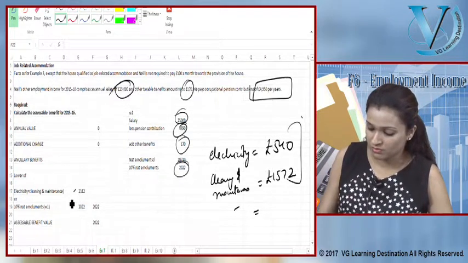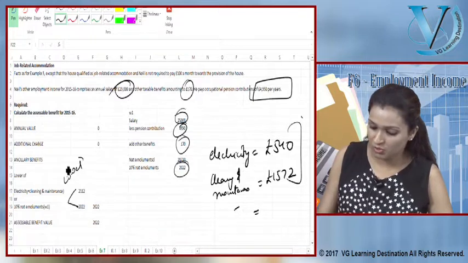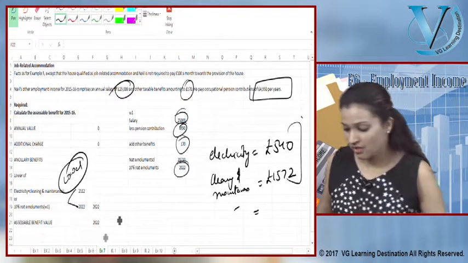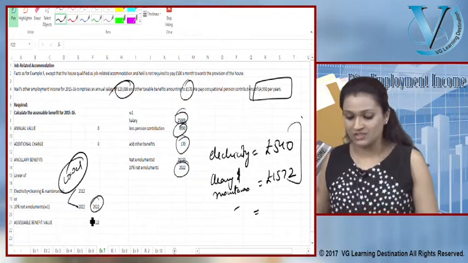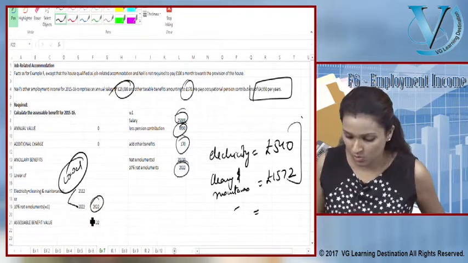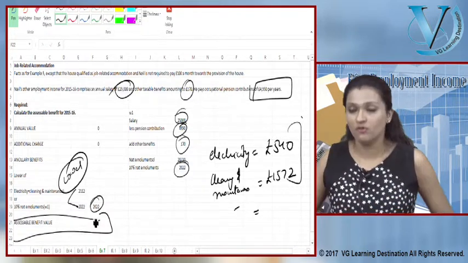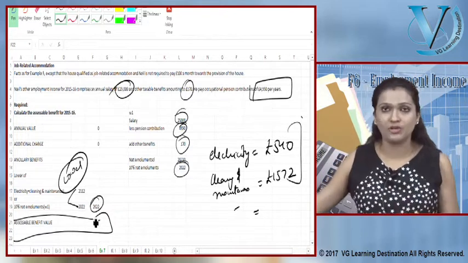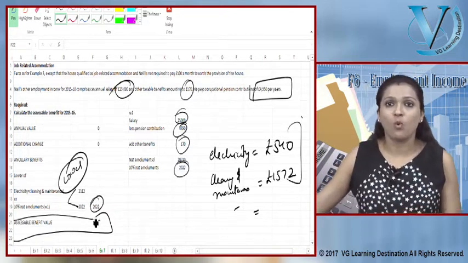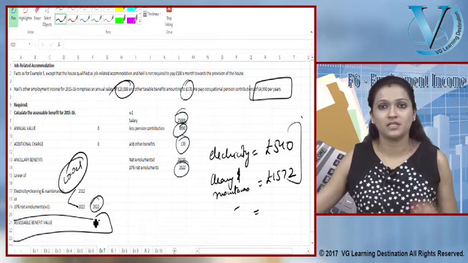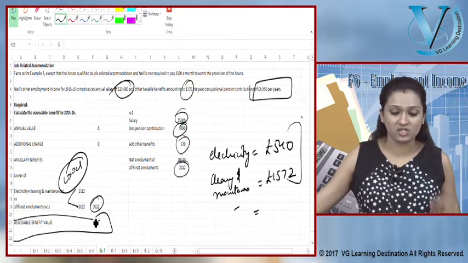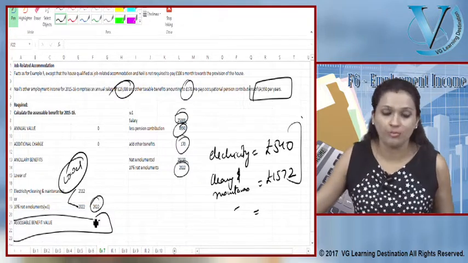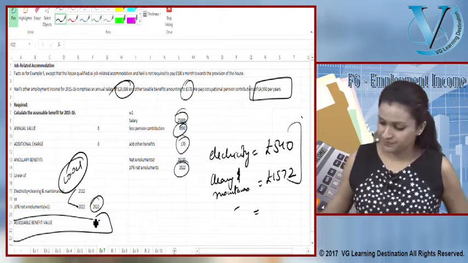Lower of the two is going to become taxed as your ancillary benefits value, which becomes the total assessable value in this case, right? So nice and easy. All you need to know is the rules, and what the applicable figure turns out to be in case this accommodation now becomes a job related living accommodation.